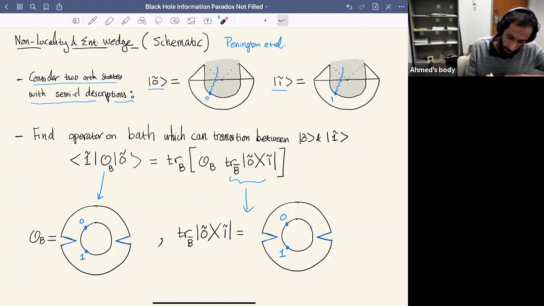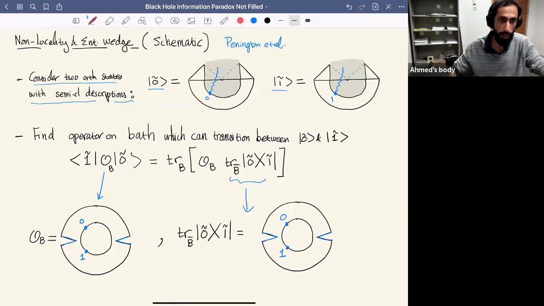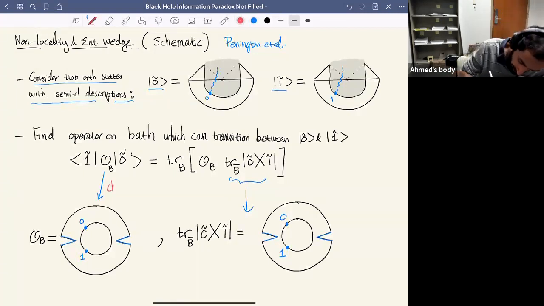Now, the key point is to choose a special O that will get the job done for you. And the O that you have to choose is this thing. It's an operator which acts on B. So this region here is the region B on the bath.